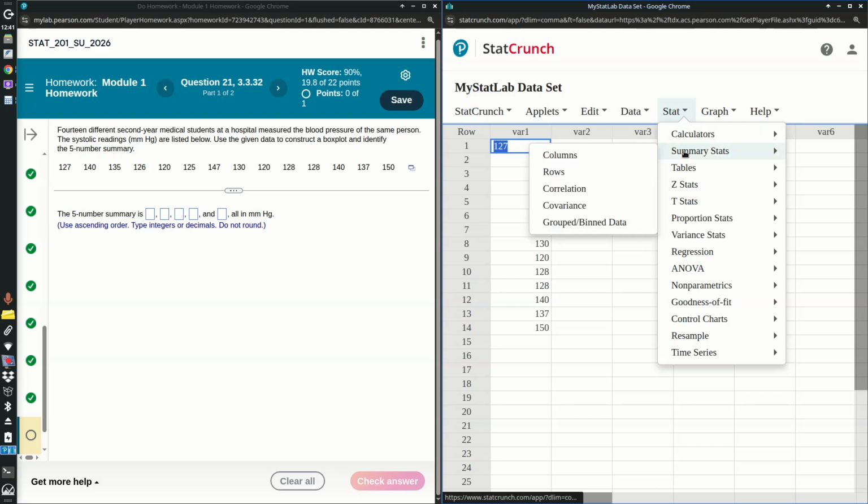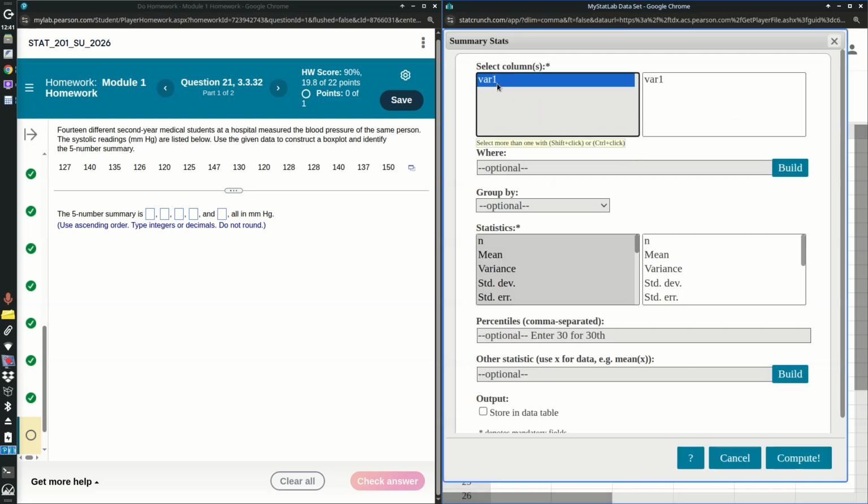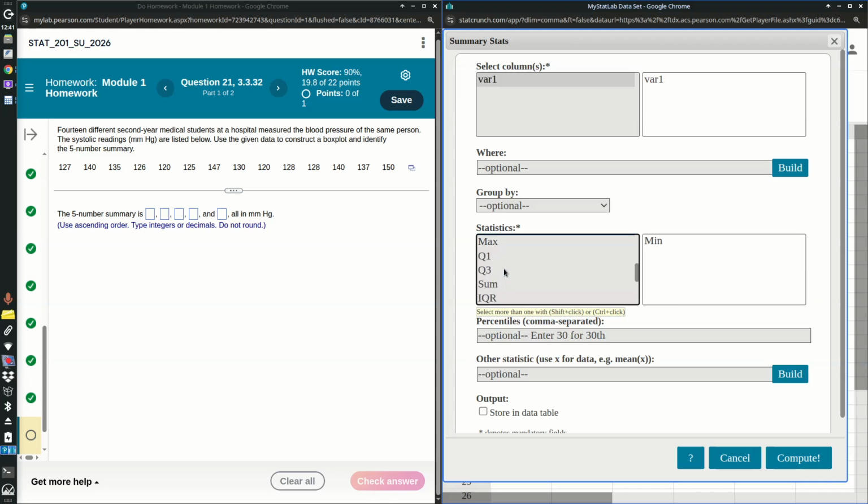So stat, summary stat by column, variable 1. Let's try and do them in order. We want to start with the min, and then do Q1, and then the median. Median is Q2, Q3, and then the max.